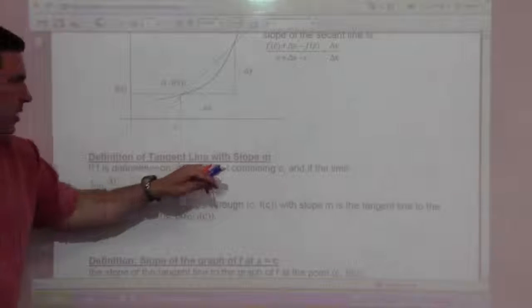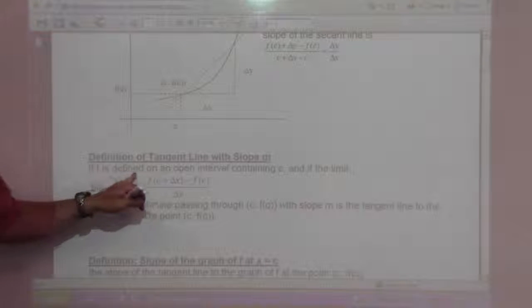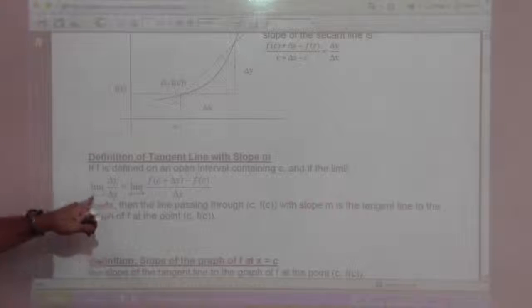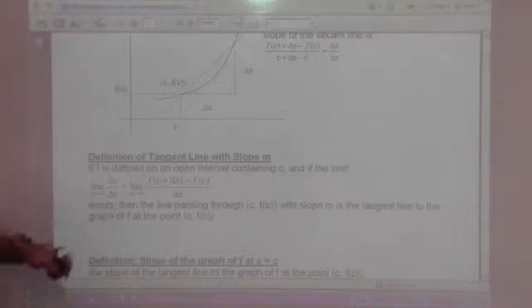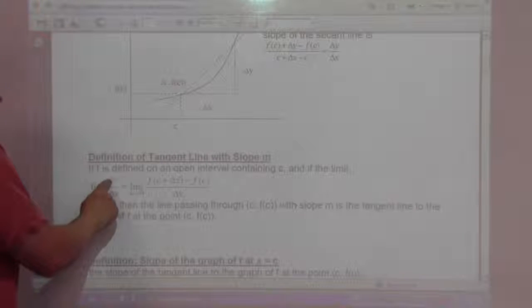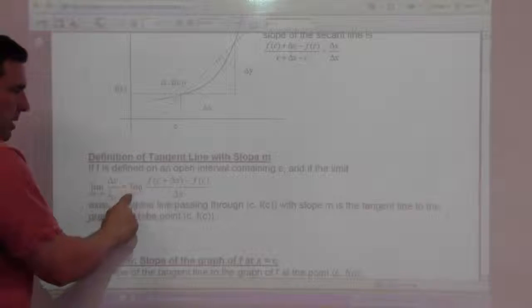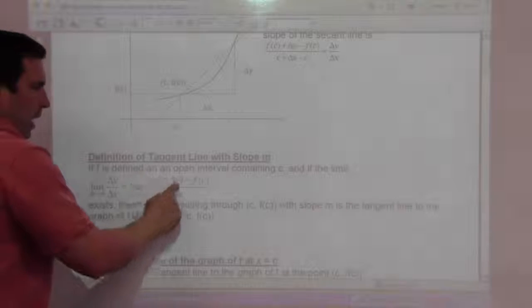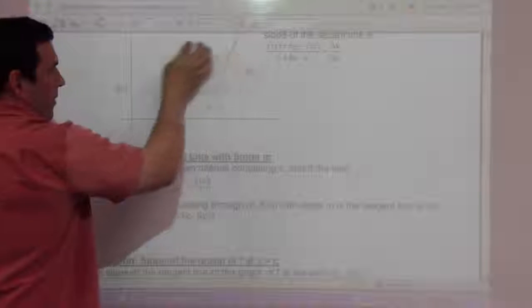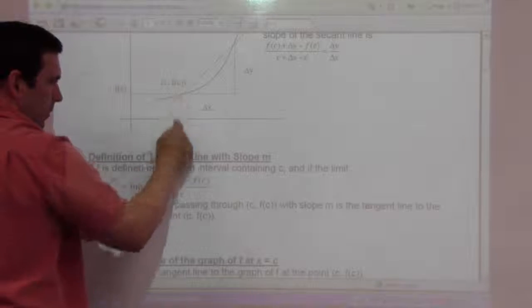So the definition of a tangent line with slope m: if f is defined on an open interval containing c, and if the limit as delta x becomes 0 of delta y over delta x equals the limit as delta x becomes 0 of f of c plus delta x minus f of c over delta x, so f of c plus delta x minus f of c.